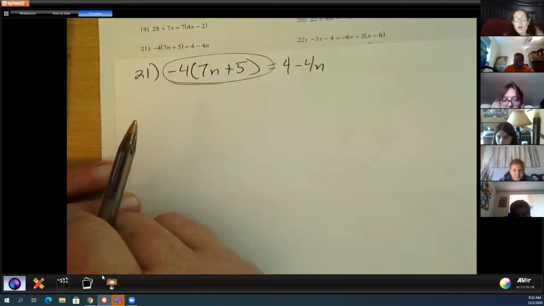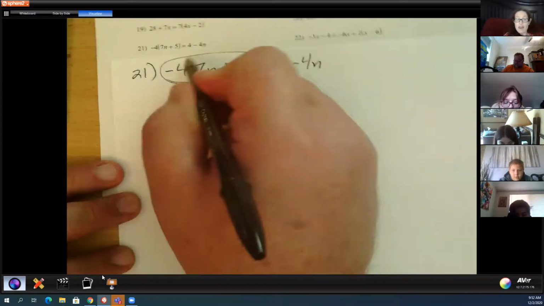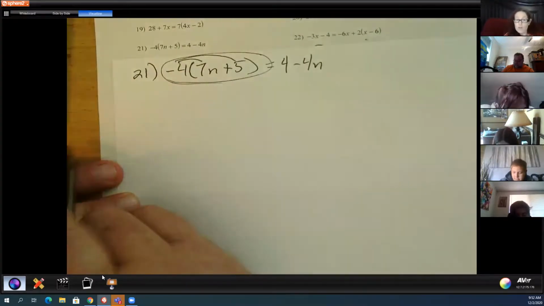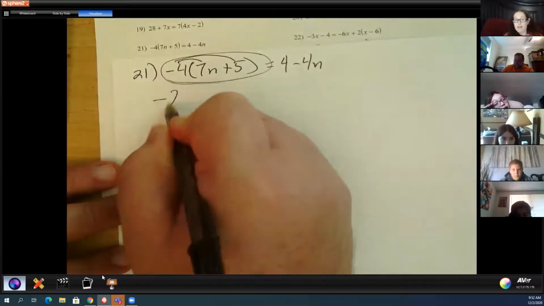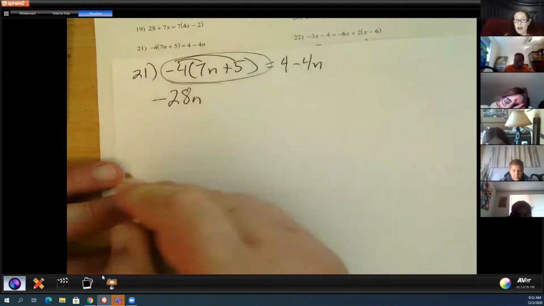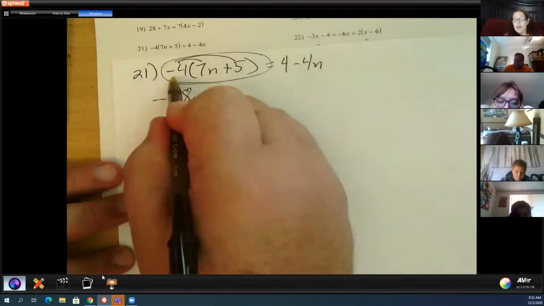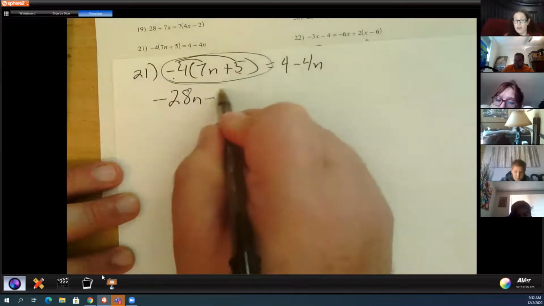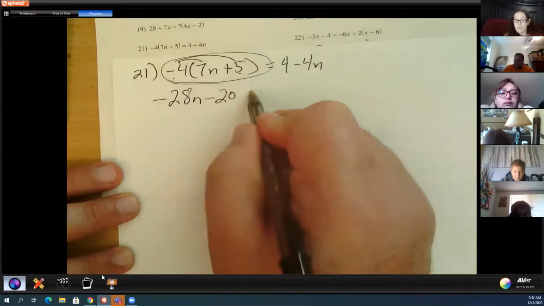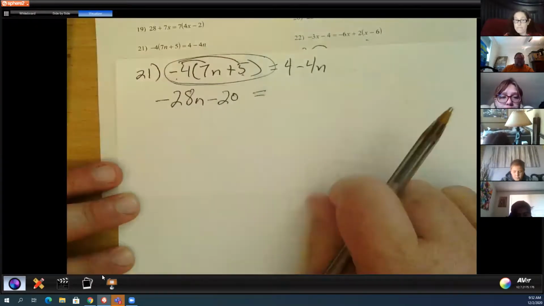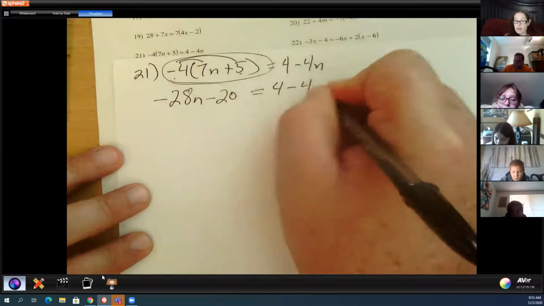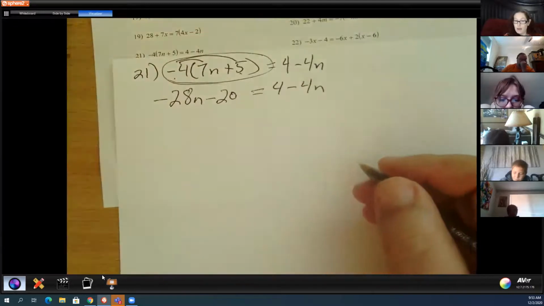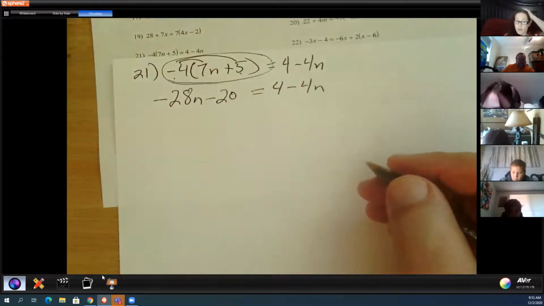So we're going to multiply the -4 groups of 1 times the 7 for the 7 n's. Then we're going to multiply the -4 groups of 1 times the 5 groups of 1 to get negative what? -4 times +5 groups of 1 will give us -20. -20 groups of 1.